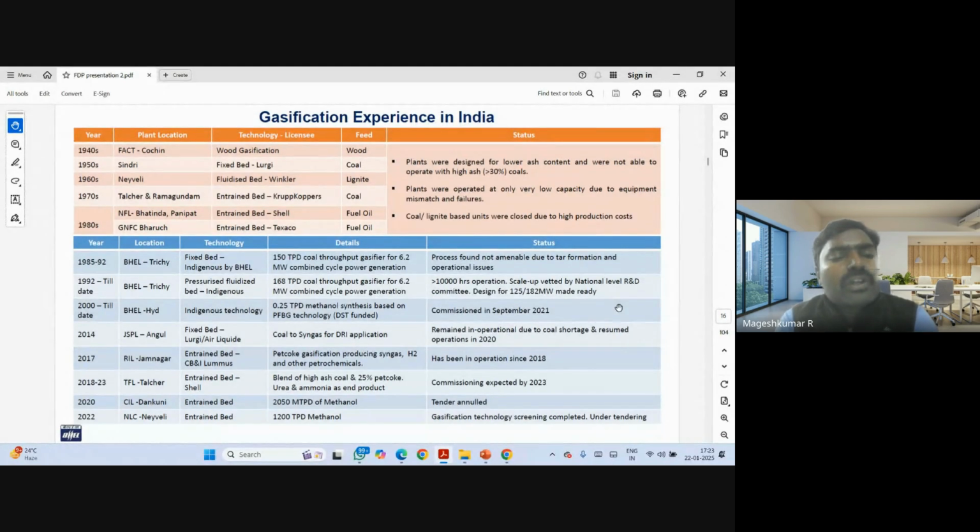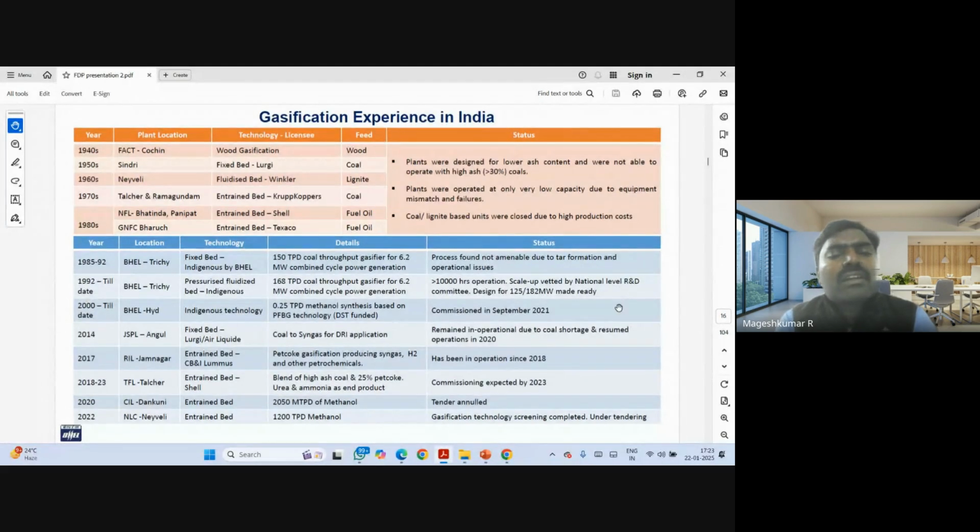After putting up the plant, based on the operation experience, we found it had a lot of operational issues based on the nature of Indian coal. Then around 1992, after it had been under operation for 7 years, it was modified with our indigenously developed technology, the pressurized fluidized bed, and for this more than 50 patents have been filed.